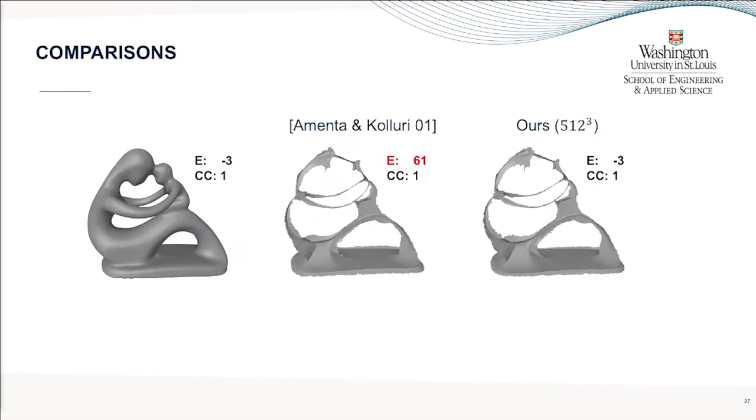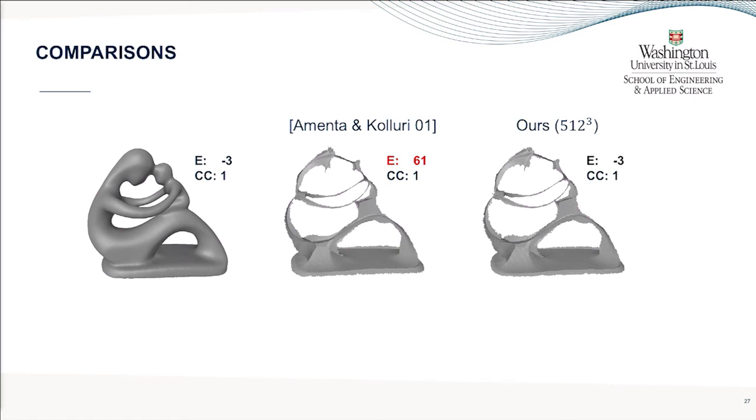Okay, so let's see how it compares with existing methods. Again, we take the Amenta-Kolluri method, which is one of the best methods so far with theoretical guarantees. Both our method and their method have a theoretical guarantee that the topology is correct as soon as your sampling is dense enough. But only our method can actually deliver that promise in practice here.